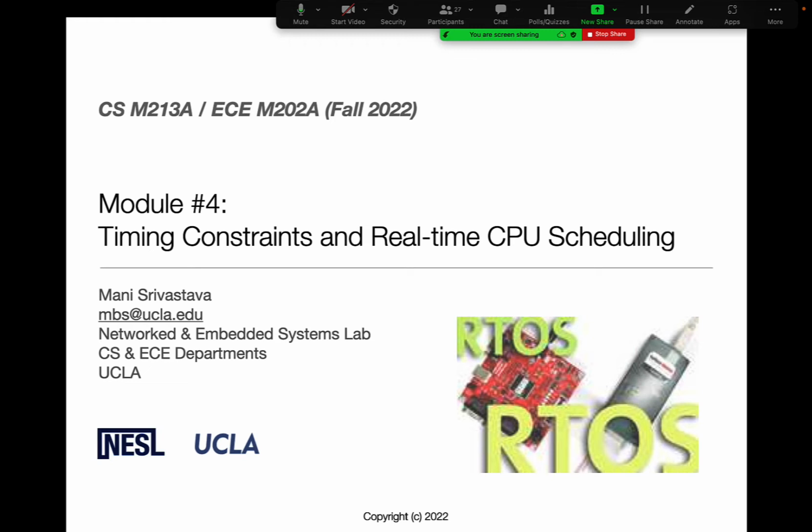So in general purpose computing, the way we deal with timing is in terms of soft promises, like we don't want the user to be unhappy, or in a commercial setting, we will do so many jobs per second.